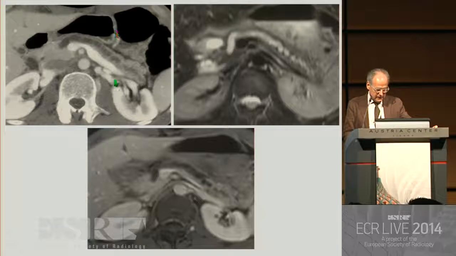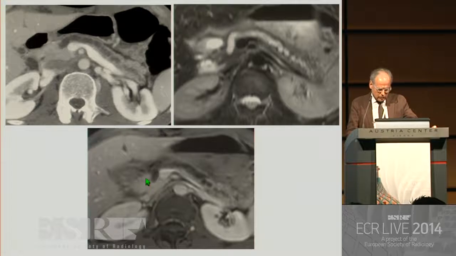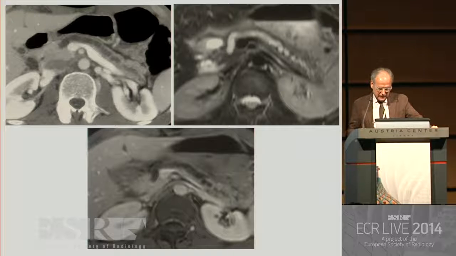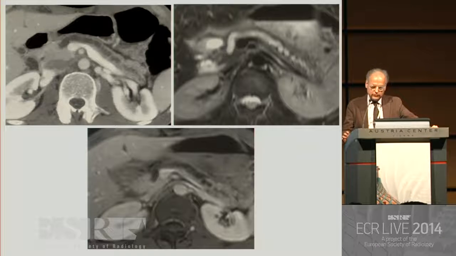These are the images in the arterial phase, the T2 weighted images, the venous phase. Probably only in the venous phase we can detect a mild increase of the signal intensity due to contrast accumulation, but this is not convincing at all. We had experience with a number of cases with this type of presentation, and we have learned that this may be one of the presentations of neuroendocrine tumor.